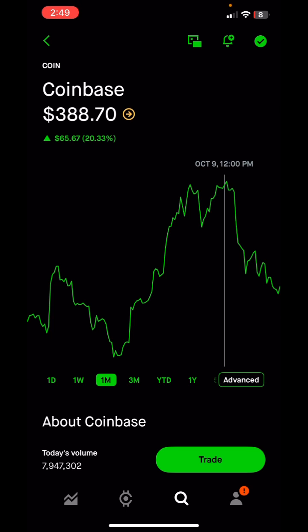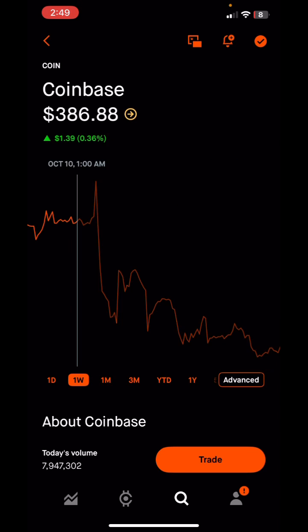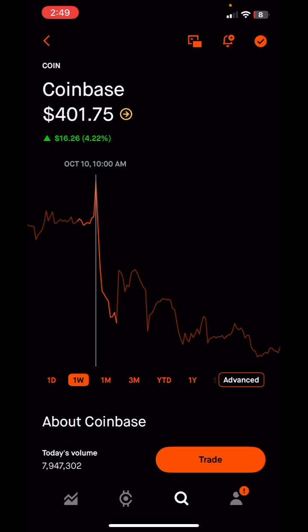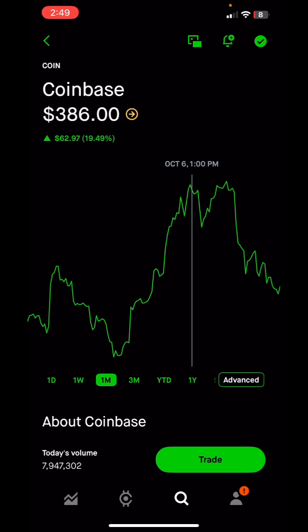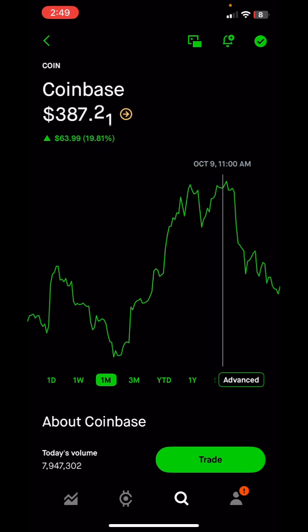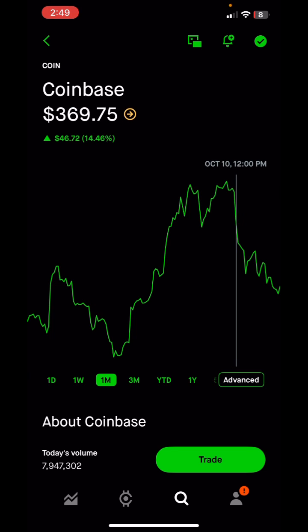Let's see, what is this? It's a month. Okay, but we know on the 10th it got as high as 401. I'm not sure why it's showing 490, but anyway, we know it went to 401.